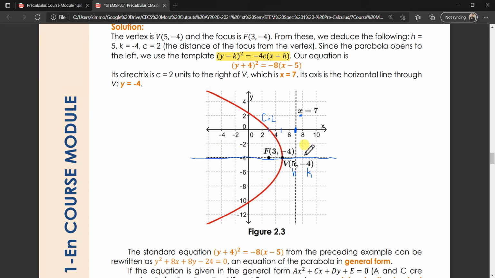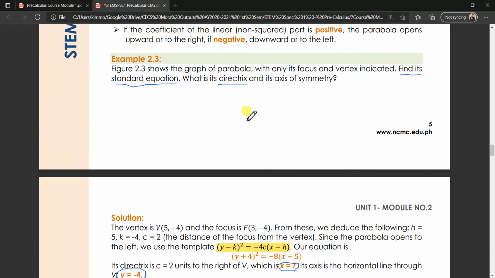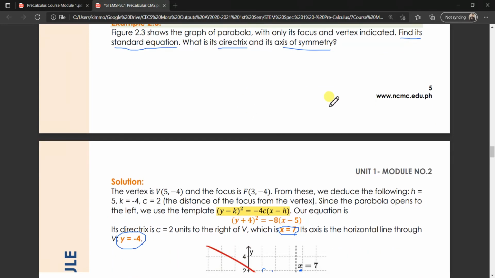Again, the axis it touches is the variable we use. Here, it touches the y-axis and its value is negative 4. That's why our axis of symmetry is y equals negative 4. So we have these 3 answers, and we have finished all three.